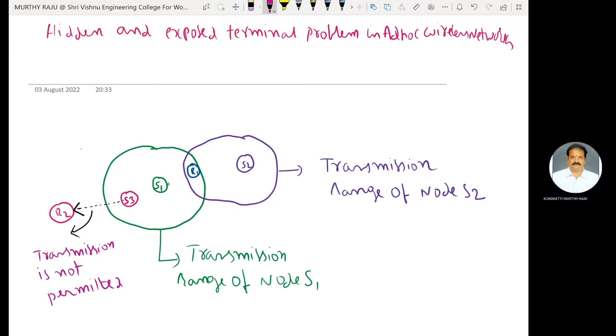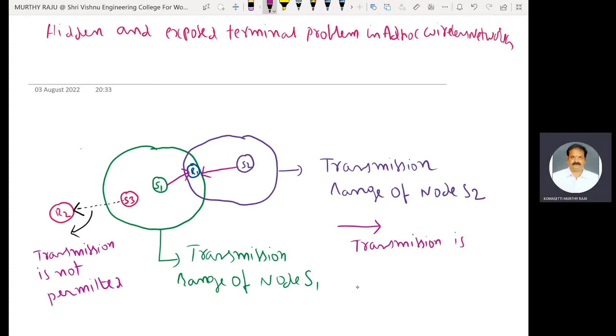From this one, this arrow indicates transmission is permitted. Transmission occurs.